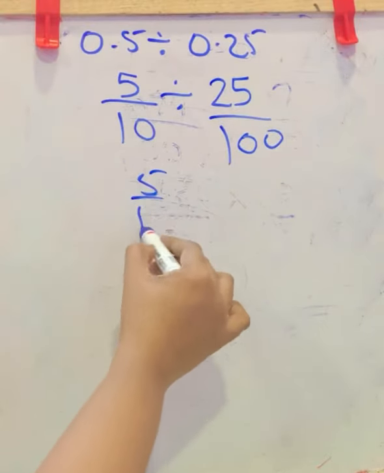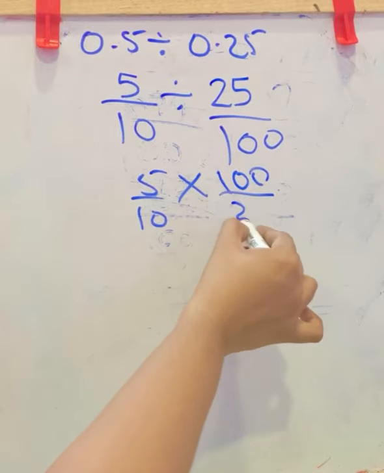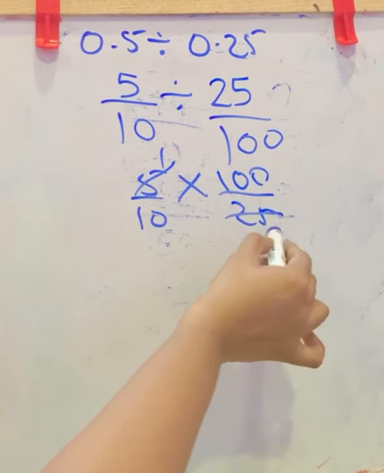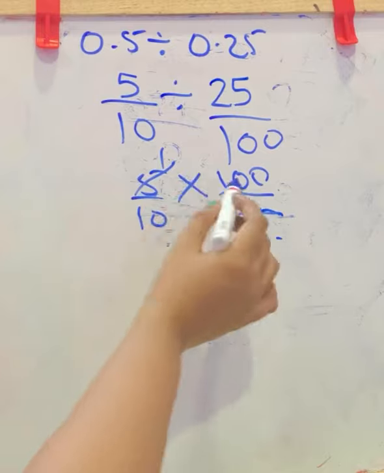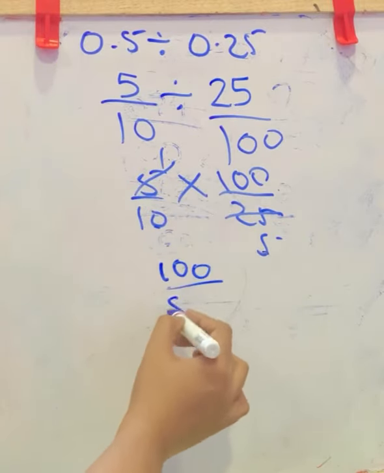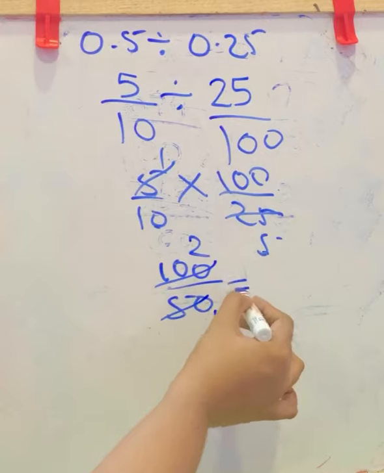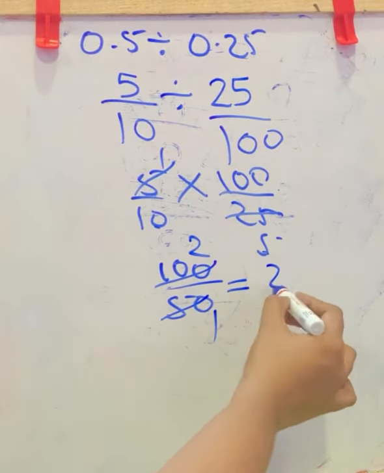Now convert this 5 by 10 into this reciprocal 100 by 25. 5 ones are 5, 5 fives are 25. Now here 100 into 1 is 100 by 10 fives are 50. Here 100 by 50, we know 50 ones are 50, 50 twos are 100. 2 by 1, that is 2 is the answer.